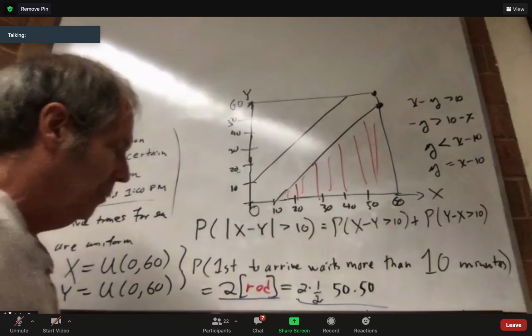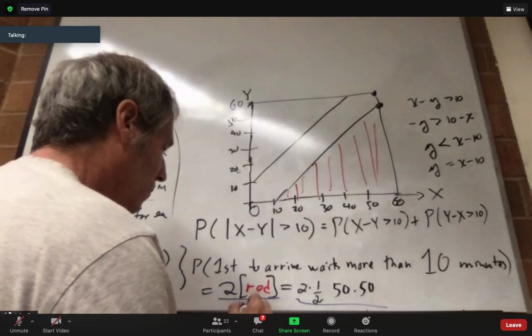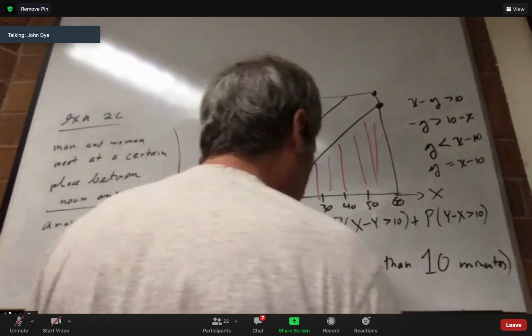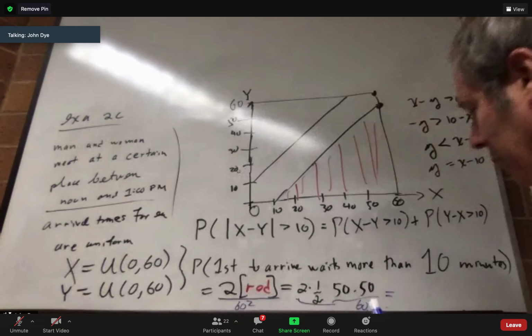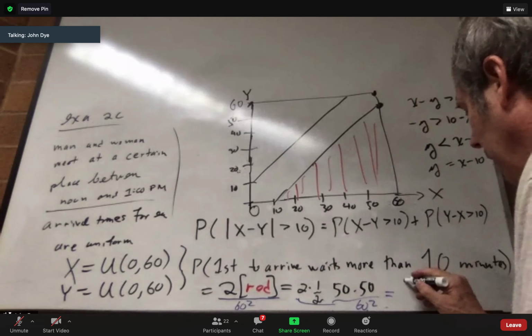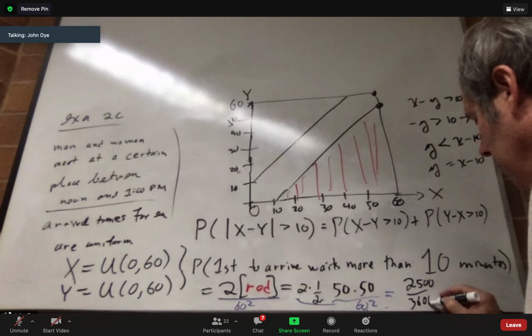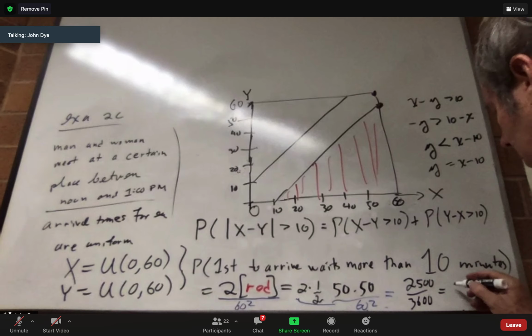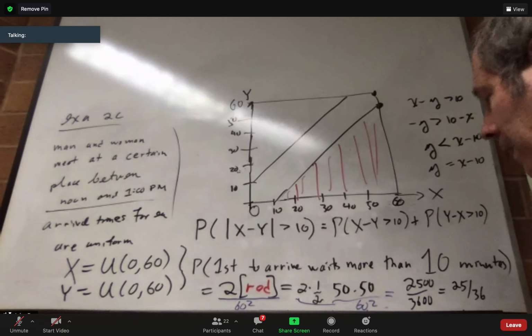But that's 60 squared. So 60 squared. So what is the final? Nobody can probably read this, but it's 2,500 over 3,600. So 25 over 36.